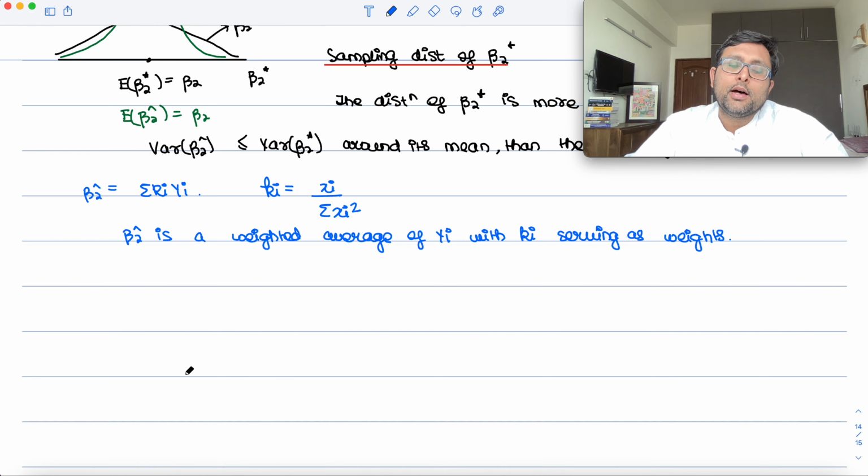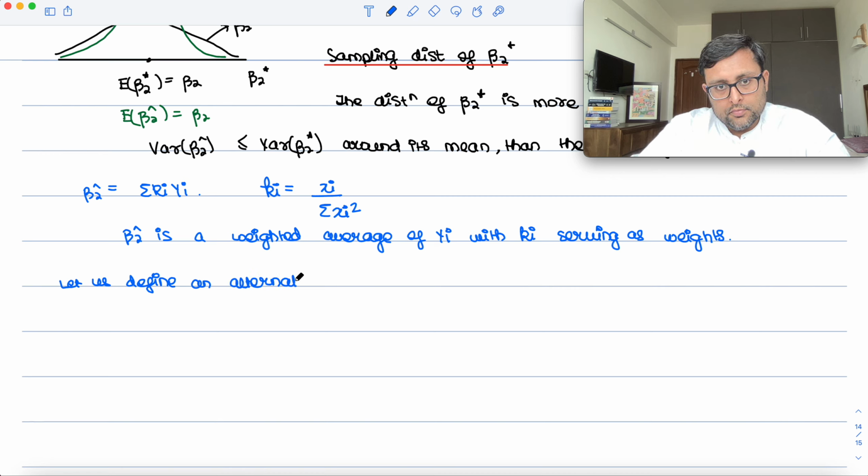Now let us define our alternative estimator apart from beta 2 hat, some other linear unbiased estimator. So let us define an alternative linear estimator of beta 2.